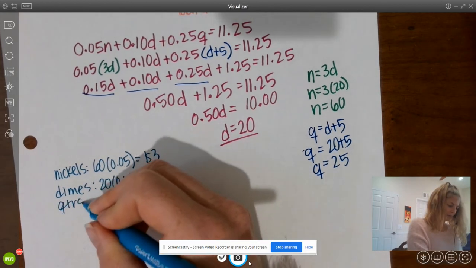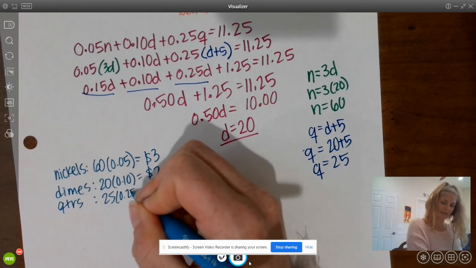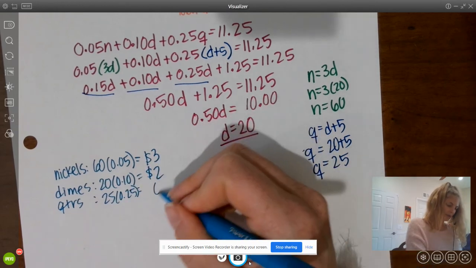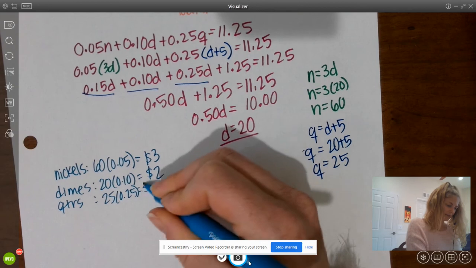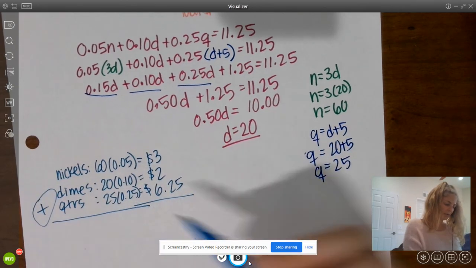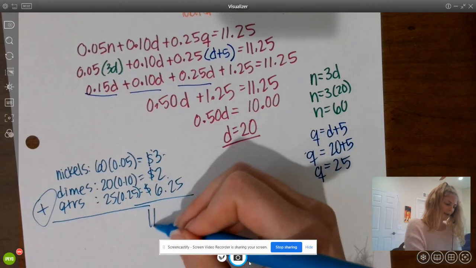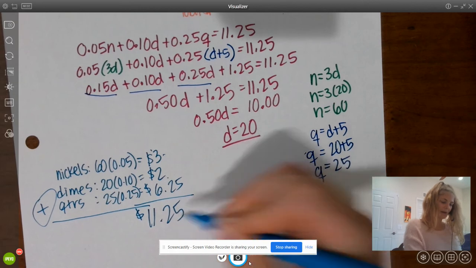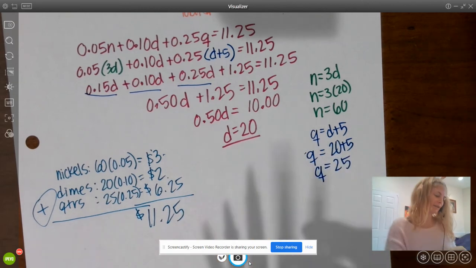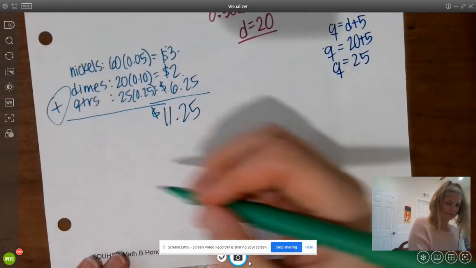And quarters, 25 quarters at 25 cents a piece gets me $6.25. Add them all up. Let's see. 6, 7, 8, 9, 10, 11. Yay! 11.25. Whoop, whoop, whoop.